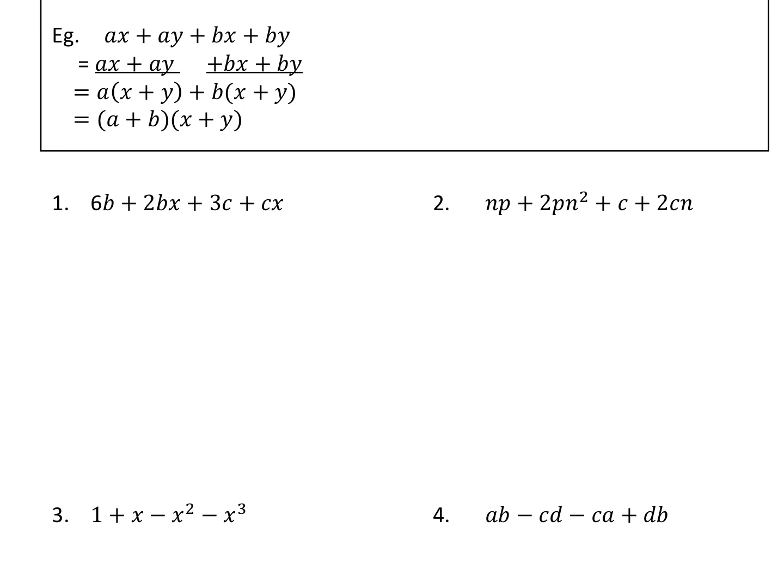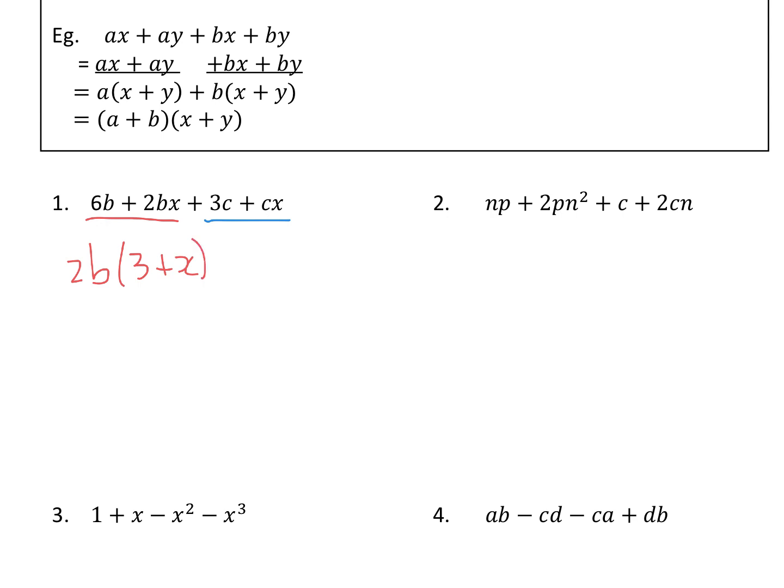Let's have a look at number 1. We have 6b plus 2bx, and we're going to look at those two terms, and then plus 3c plus cx. If you look at the first two terms, 2b is a common factor. 2b times 3 gives 6b, and 2b times x would give 2bx.